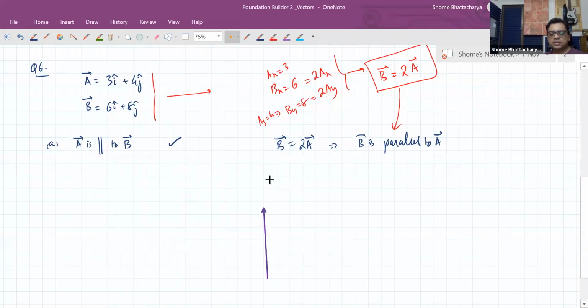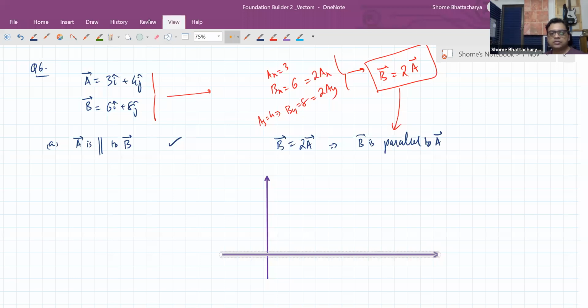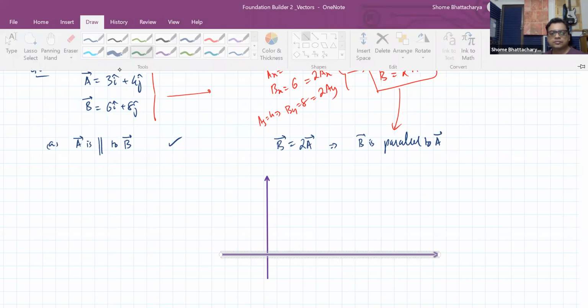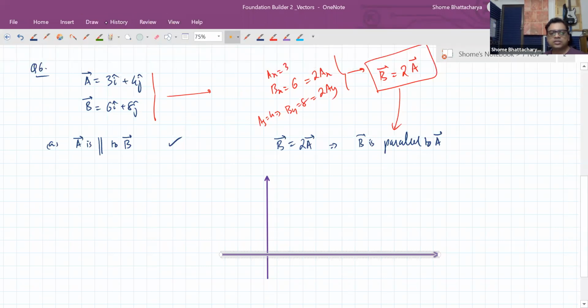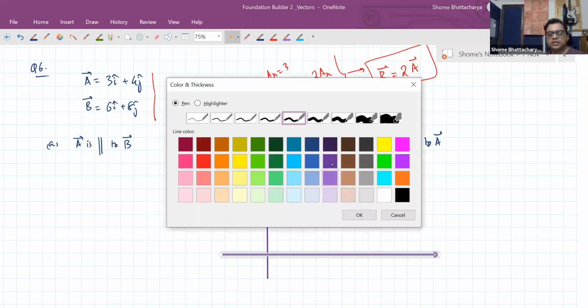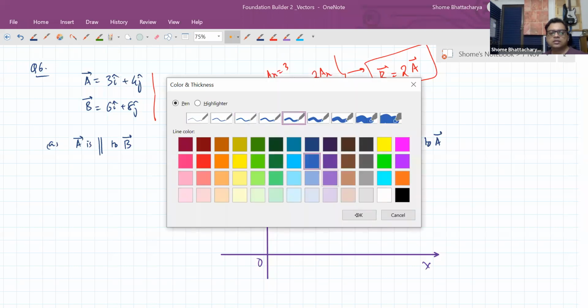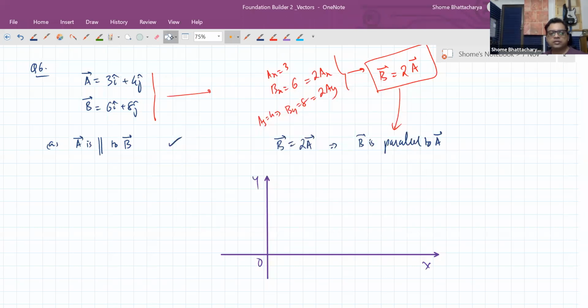We can also understand it by just drawing the vectors. So if you draw an xy plane, but that we can do only because it's two-dimensional. Because it is two-dimensional, we can get away with this method of actually drawing A and B. So the vector A, you can see in this case, is nothing but a vector of magnitude 5, making an angle of 53 degrees with the x-axis.